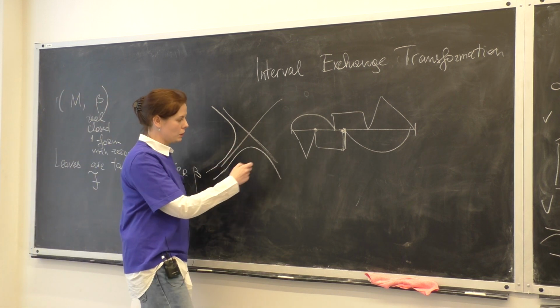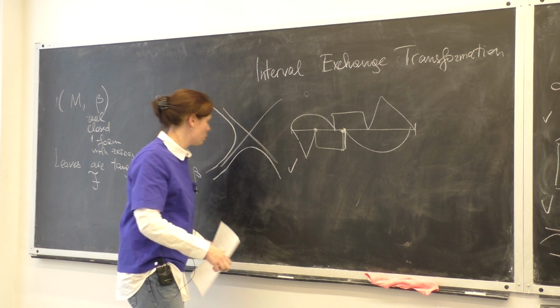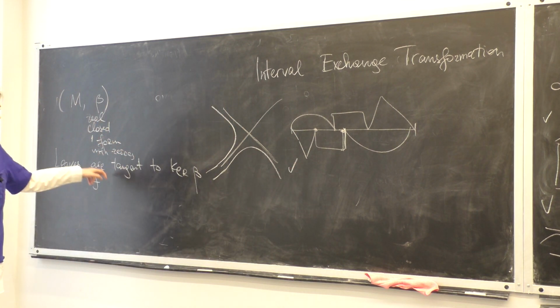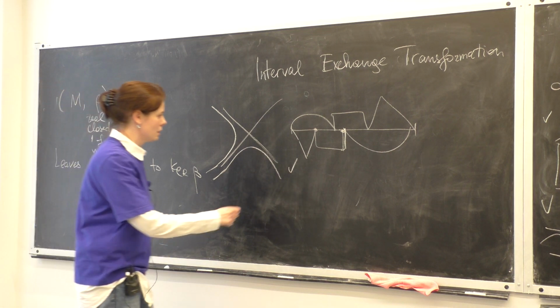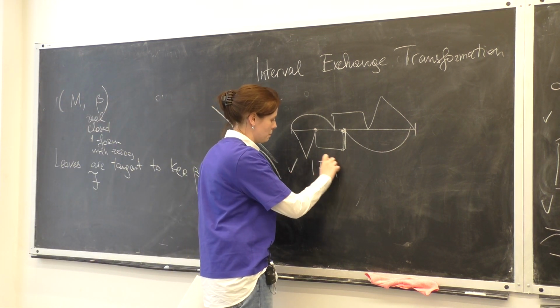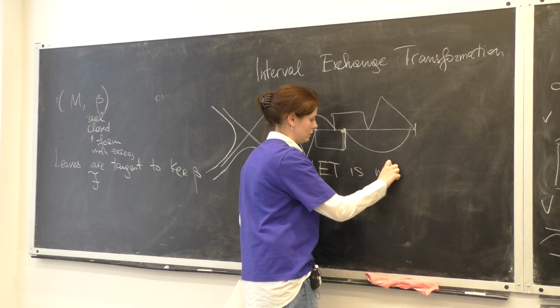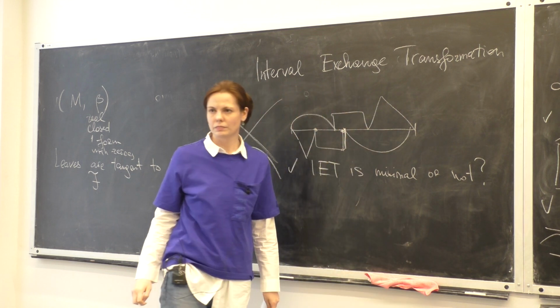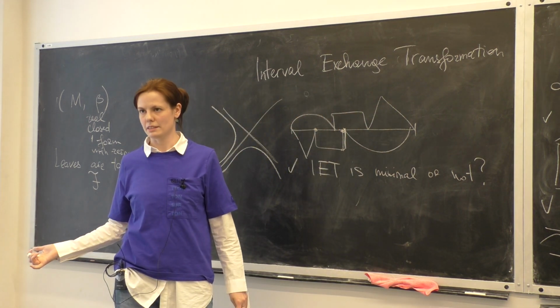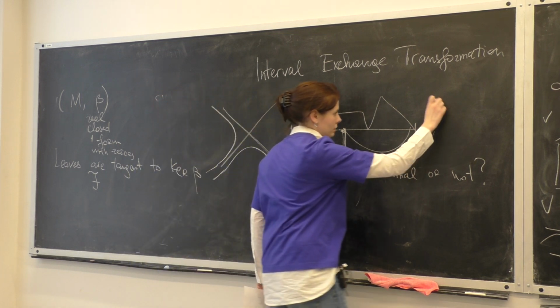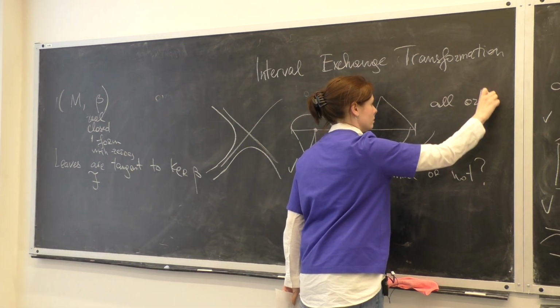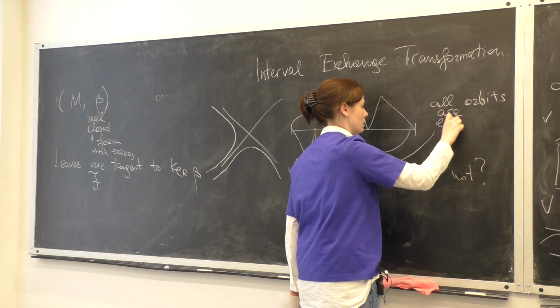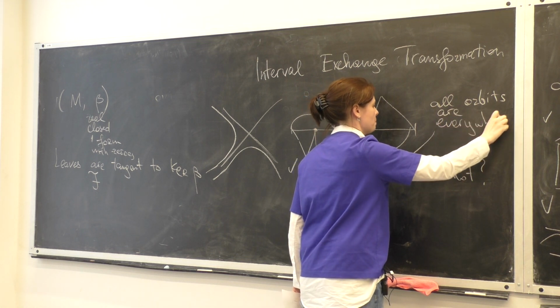So what are the questions we can pose? In a similar way as here we wanted to understand whether our leaves are everywhere dense or have closed orbits and this kind of stuff, here we can also ask, is it true that the IET is minimal? What does minimal mean? Minimal means that all orbits are everywhere dense. Or whether we have closed orbits.